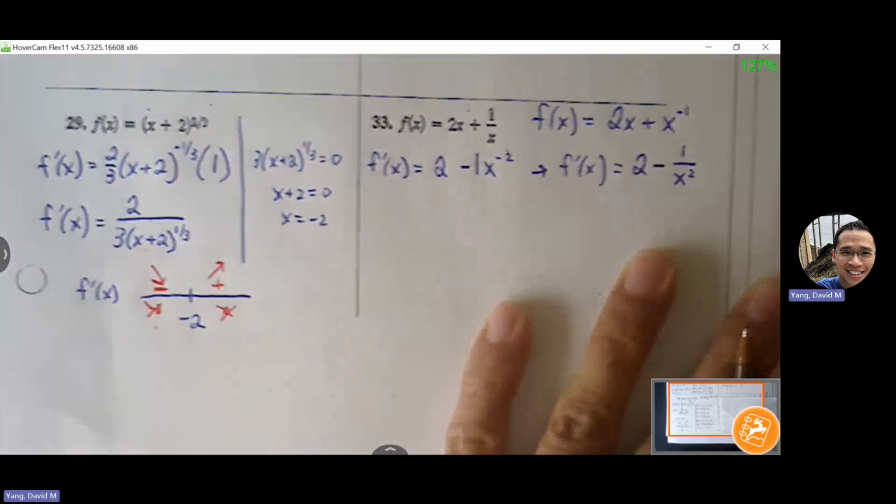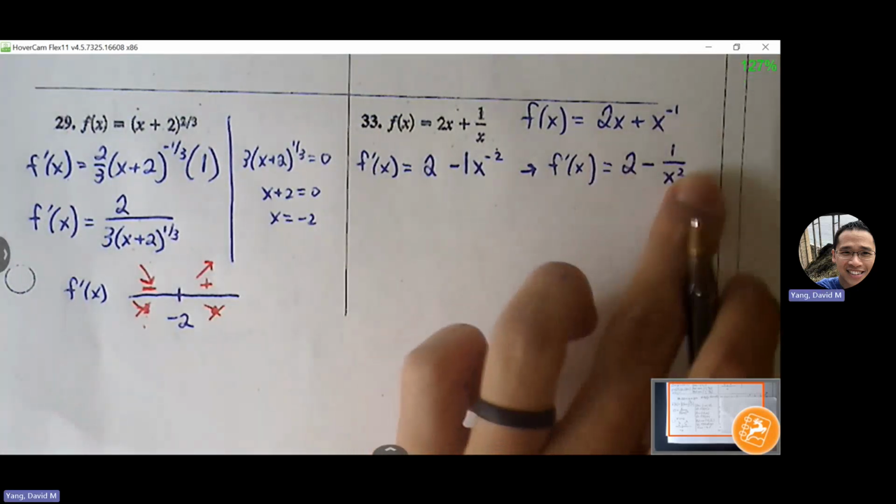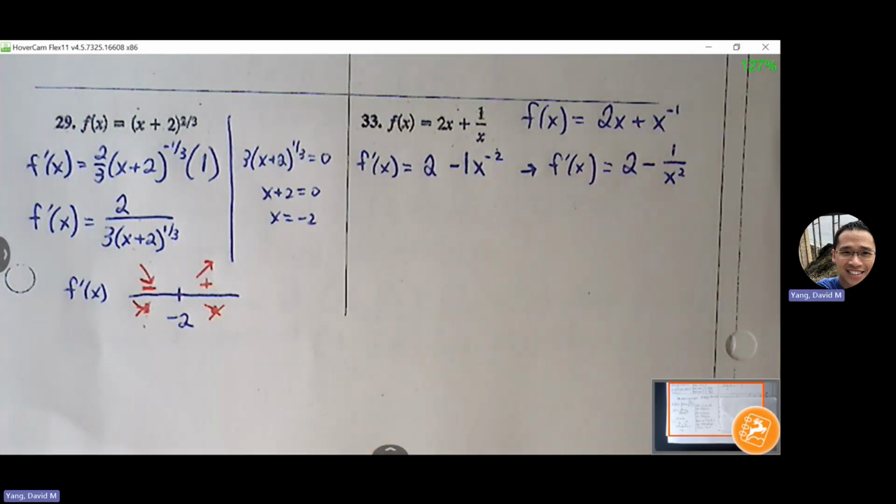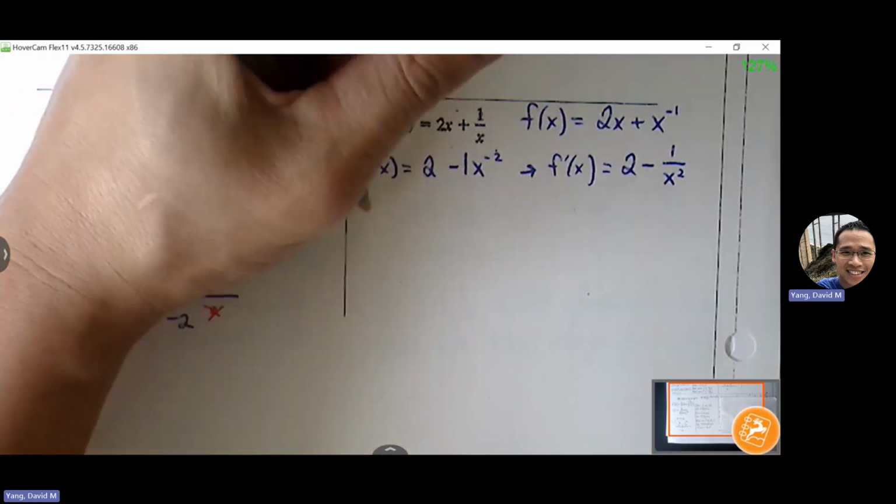Now, it's a lot easier to find critical points if I can merge this into one fraction. That way I can look at the numerator and denominator a lot more cleanly. So I'm going to find a common denominator here.